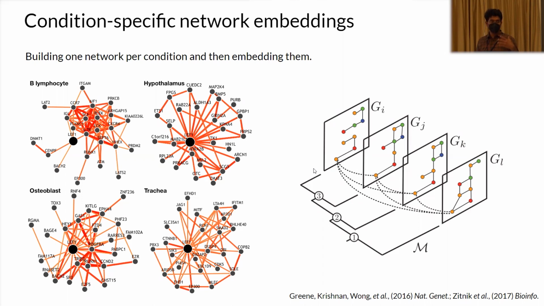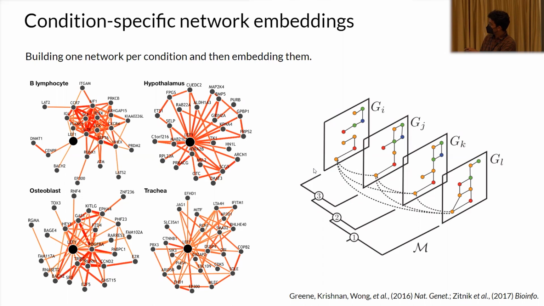I'm just going to talk at a very high level about some ideas. One good way to think about context-specific network embeddings is to just begin with context-specific networks. For example, we generated a long time back gene interaction networks that are specific to different tissues and cell types in the human body.